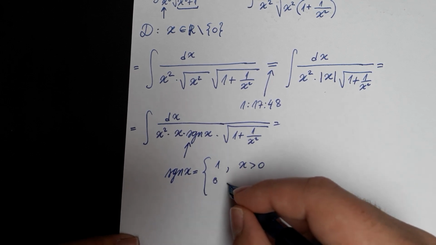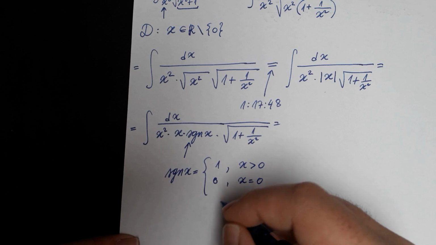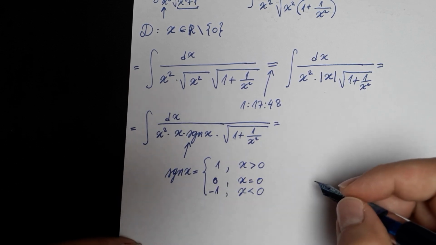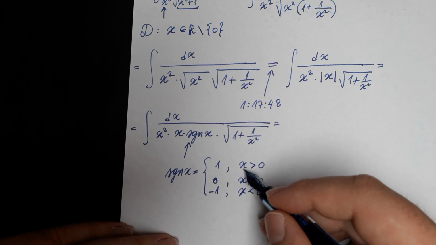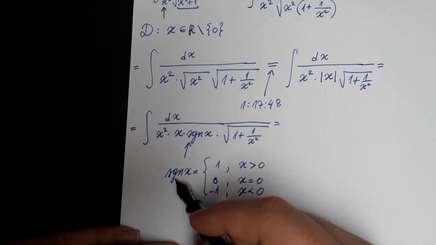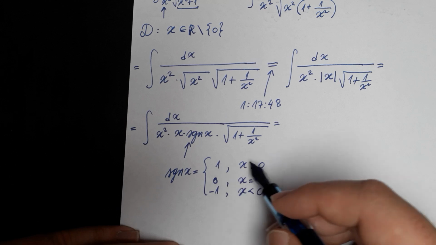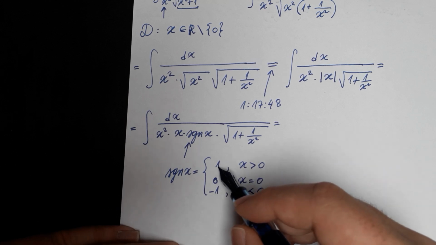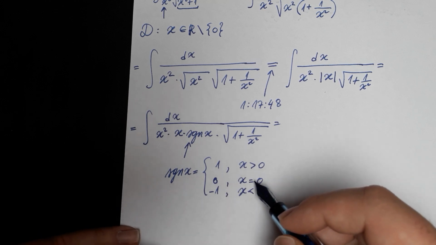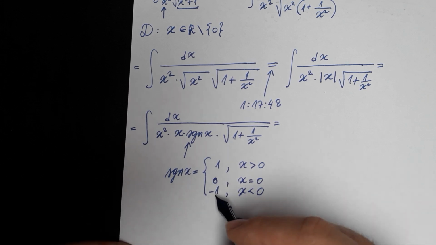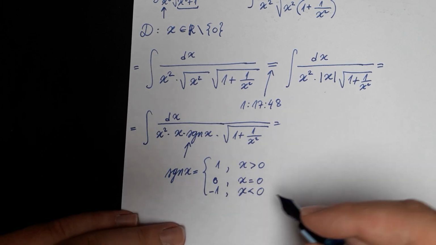It is 0 when x is equal to 0 and negative 1 when x is smaller than 0. Basically, for any x which you plug into the signum function, it returns the sign of that x. If x is positive, it returns 1. If x is 0, it returns 0. And if x is a negative number, it returns -1.